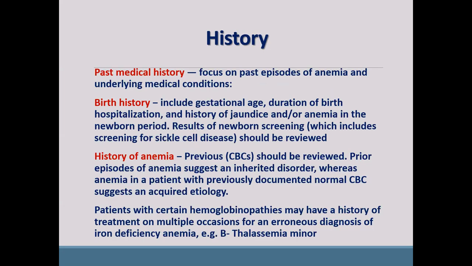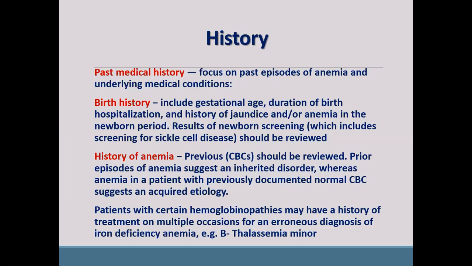Past medical history is important and we should focus on episodes of anemia and underlying medical conditions. So we start from birth history, which should include gestational age, which, as we mentioned, is important to assess, and the duration of birth.